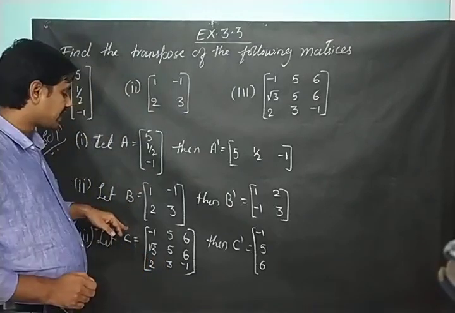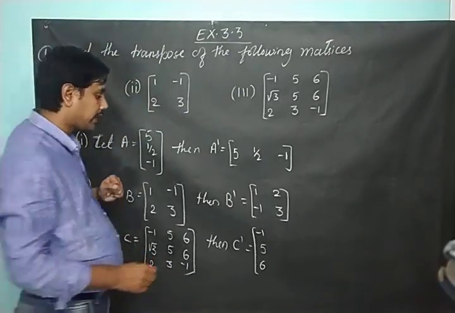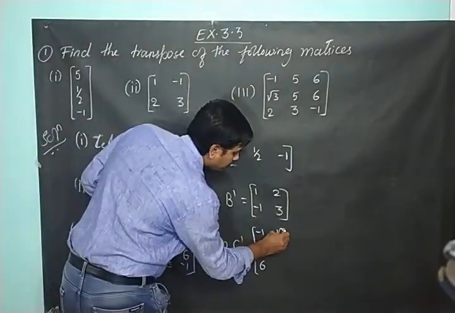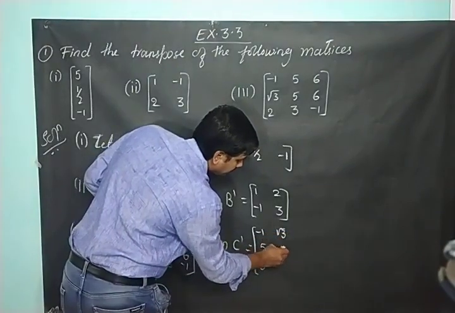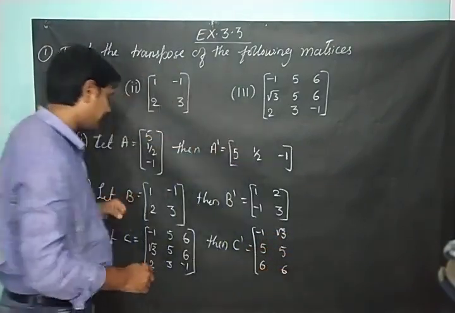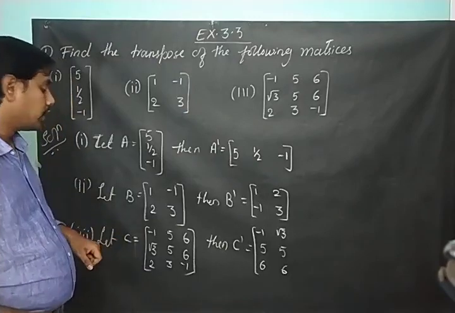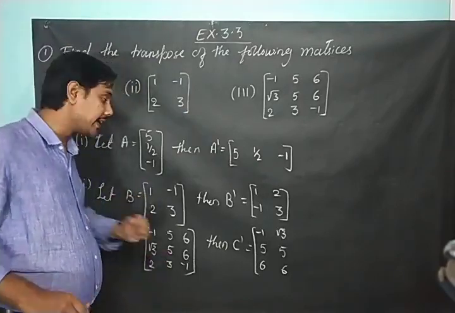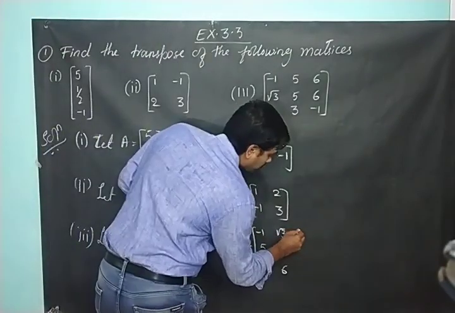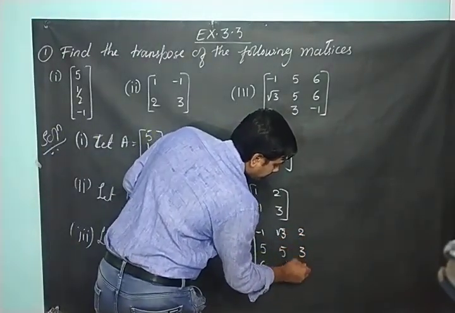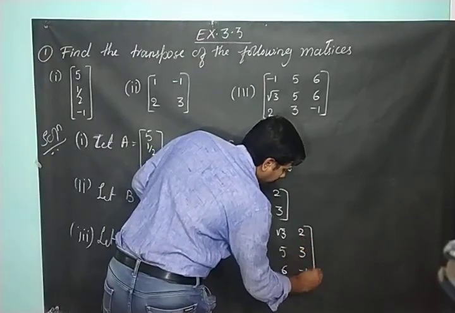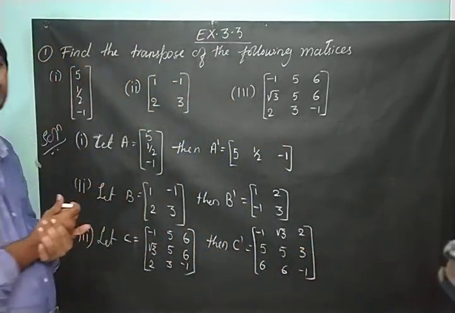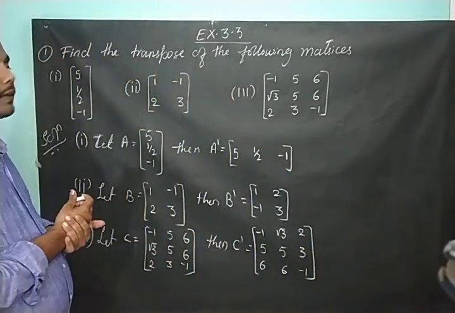Then the second row, root 3, 5 upon 6, becomes the second column. And the third row, 2, 3 and minus 1, will become the third column.